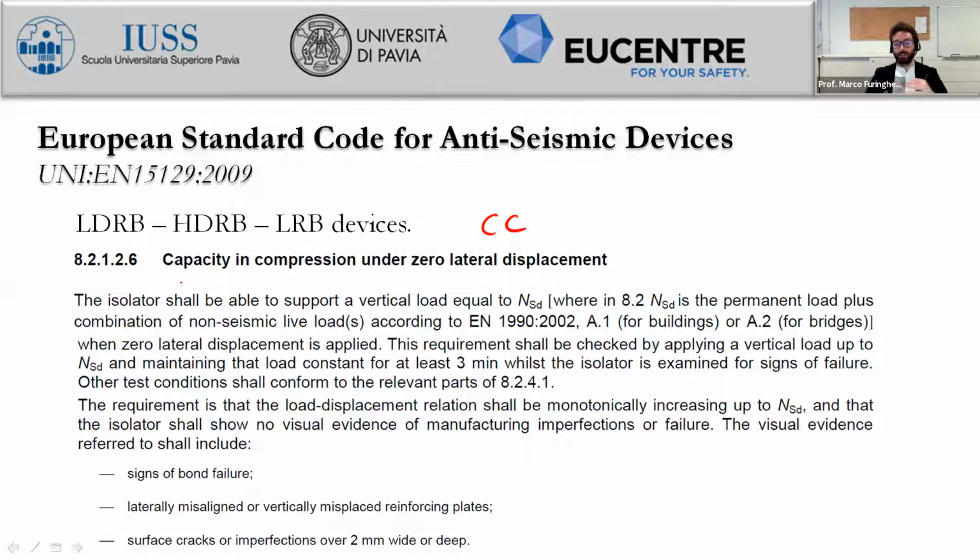So this is a vertical test, and the isolator should be able to support a vertical load equal to NSD, which is permanent load plus a combination of non-seismic live loads. We apply the vertical load up to NSD, maintaining it constant for 3 minutes, during which the isolator is examined for failure, damage, and so on, and then the load is removed.